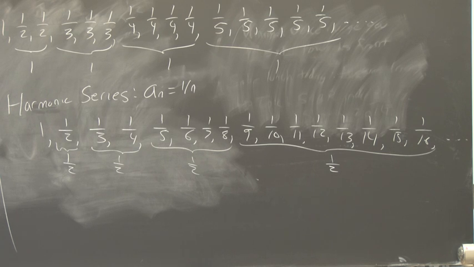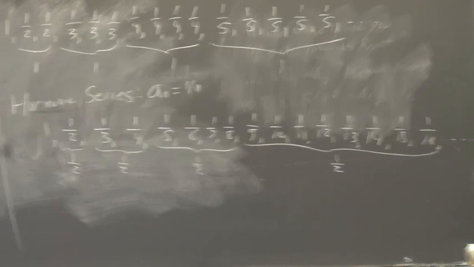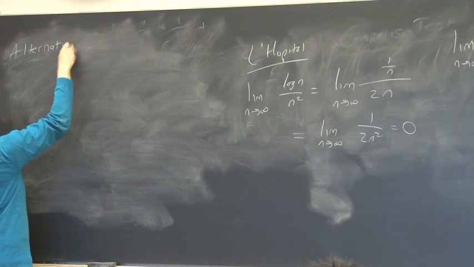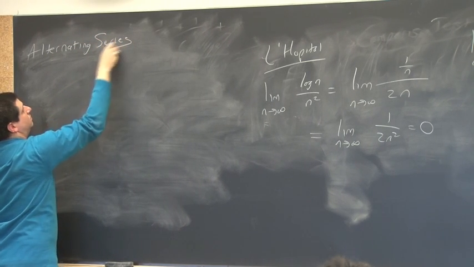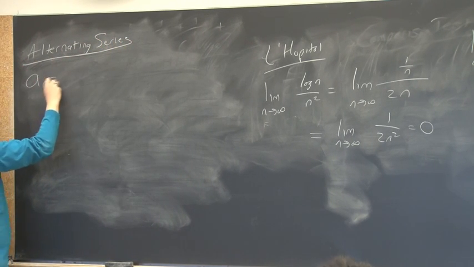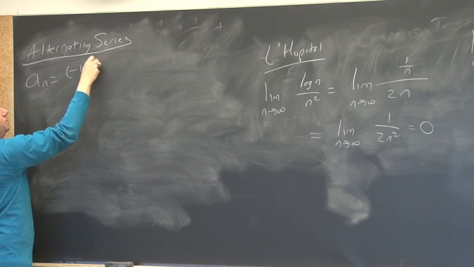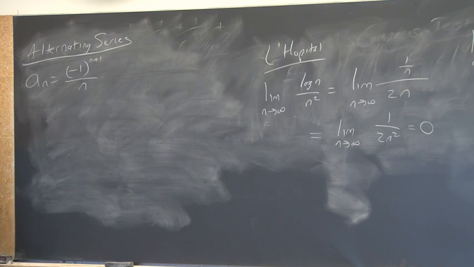Okay? So what I want to do now is I want to tweak the harmonic series. And so this is called the alternating series. So an is -1 to the n plus 1 divided by n.